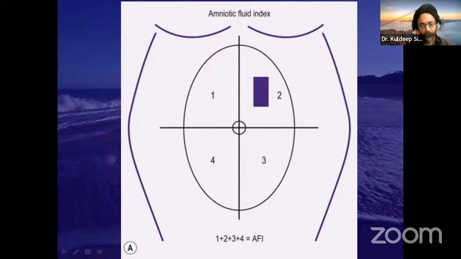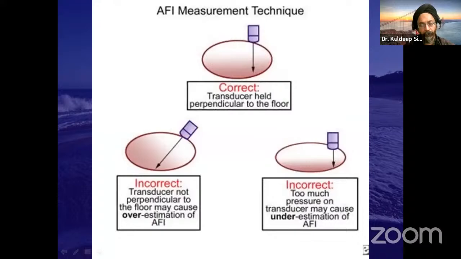That's how you're going to be dividing the uterus into 4 quadrants, keeping the transducer perpendicular to the table and parallel to the midline. Add up all the 4 pockets. Be careful whenever you need to use a color, so that you're sure that you're not adding up the umbilical cord. Please do not apply too much pressure and do not measure obliquely, because all these things are going to give you false results.